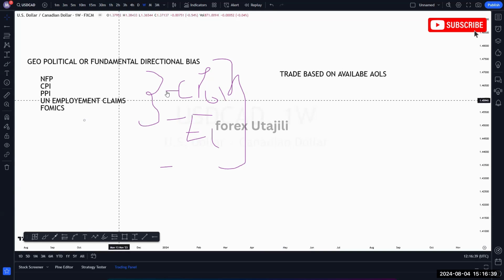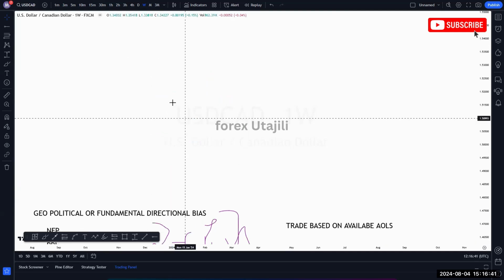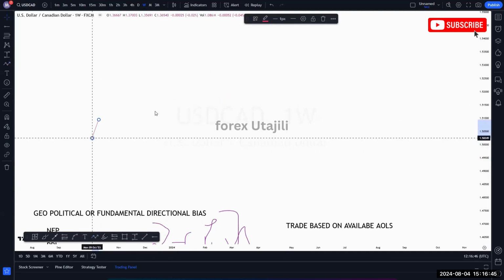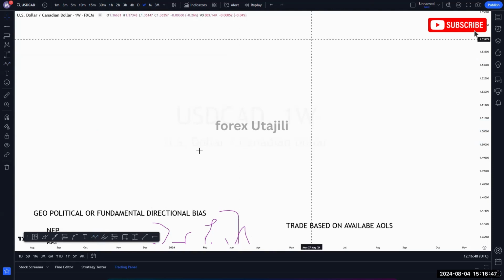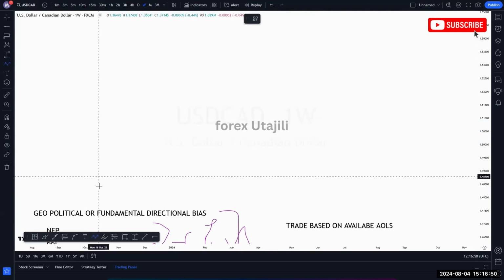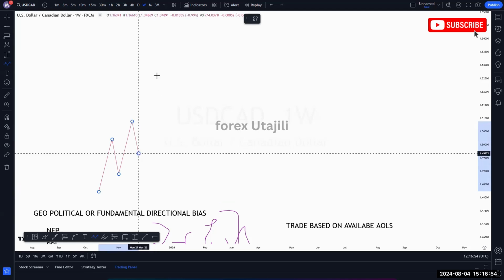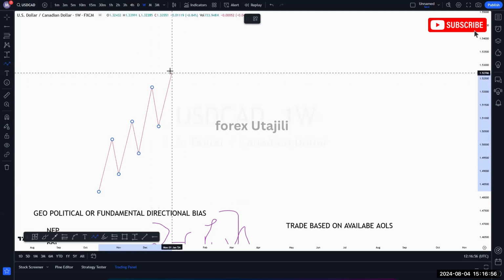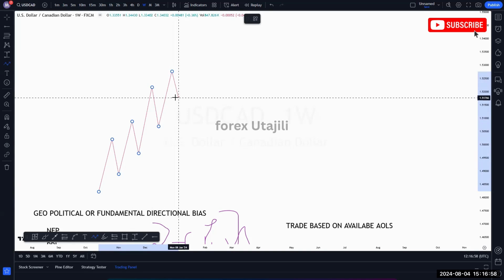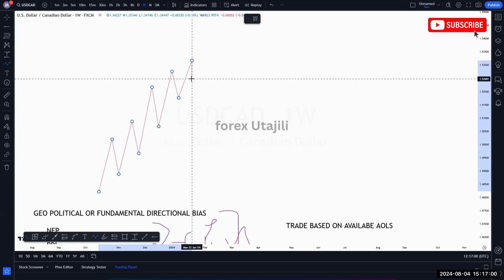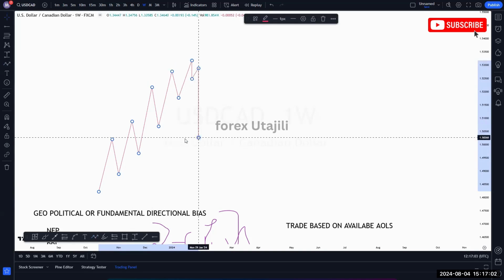Now, let's assume we're having this kind of structure on the dollar. You may see that the dollar performed a shift point here.